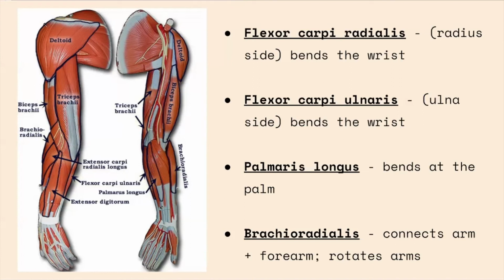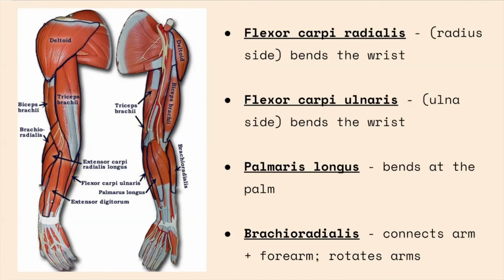And our flexor carpi ulnaris, our ulna, was on which side? The pinky side. Yeah, so it bends our wrist from our pinky side. And we have the palmaris longus, and that bends our hand at the palm. So when you bend your palm, that's what muscle is working.